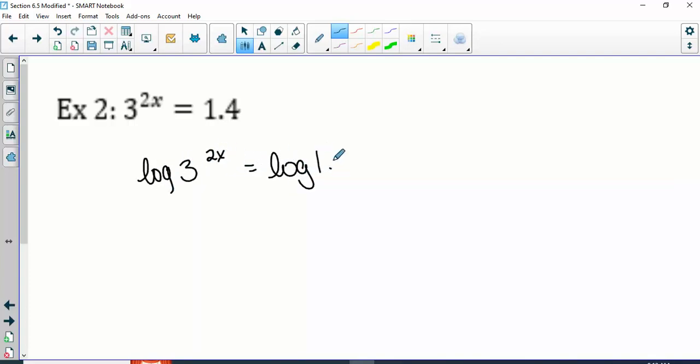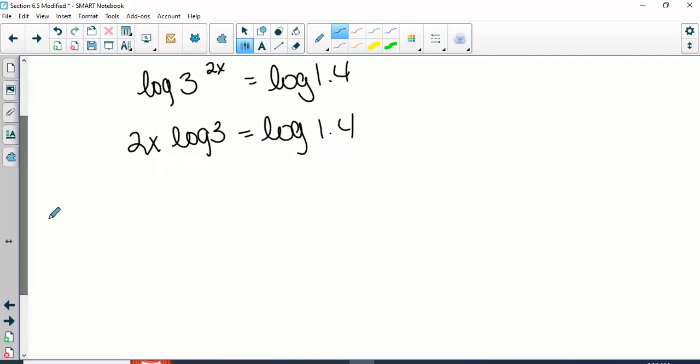Then what happens? Properties of logs, exponents come to the front. Okay. We have x. It's multiplied with the log 3 and the 2. So I'm going to divide by 2 log 3.